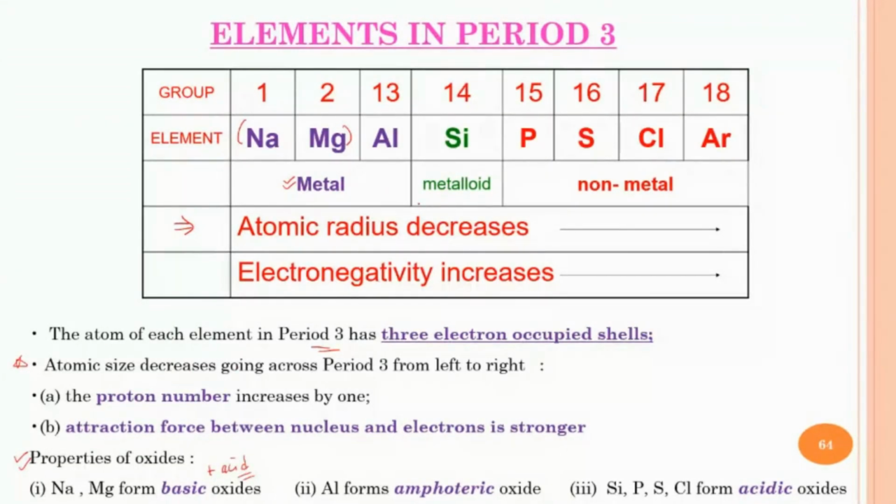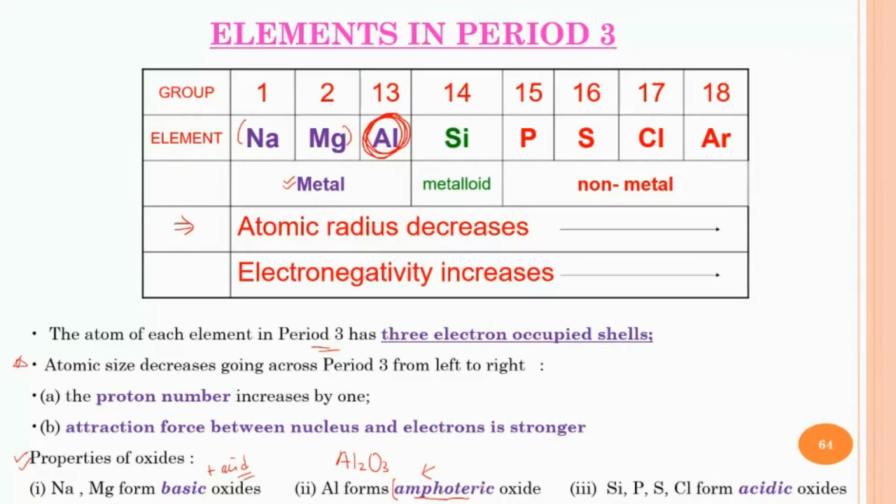Then this one is very special, and the question always asks about it. That is aluminium oxide, Al2O3. It forms an amphoteric oxide. What is meant by amphoteric?